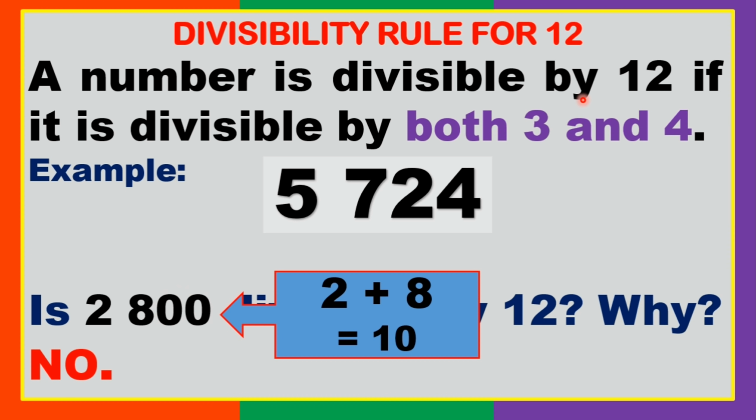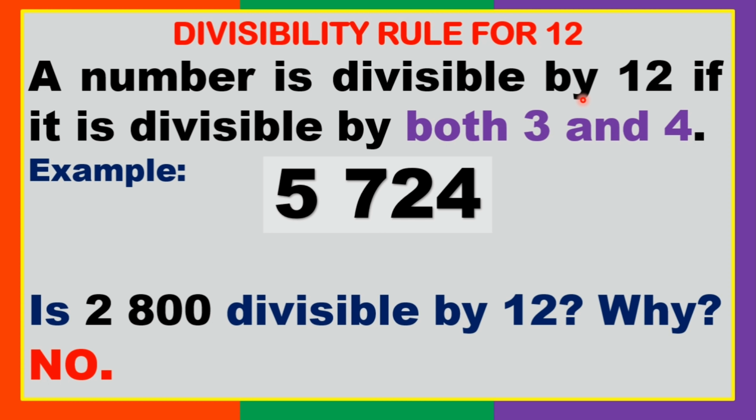So 2,800 is divisible by 4 but not by 3. Therefore, it is not divisible by 12. Did you understand, kids? Yes, sir! Let's proceed to the next rule.